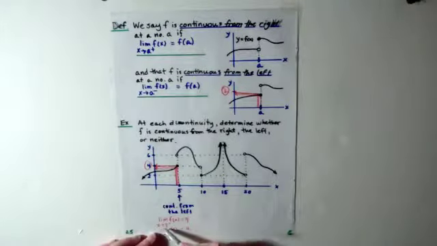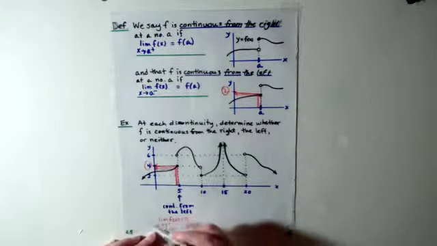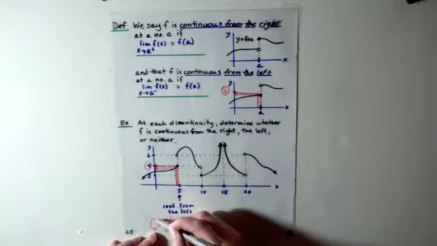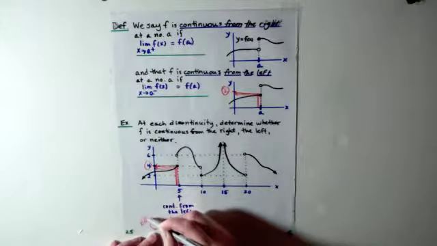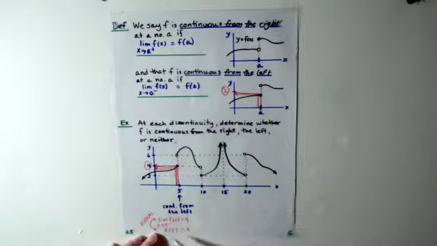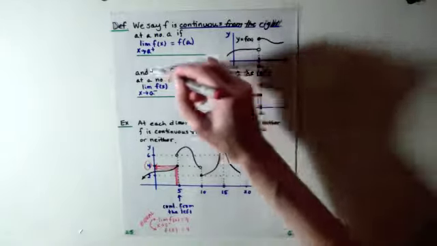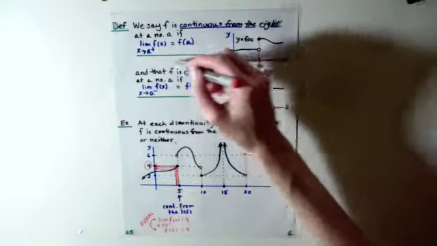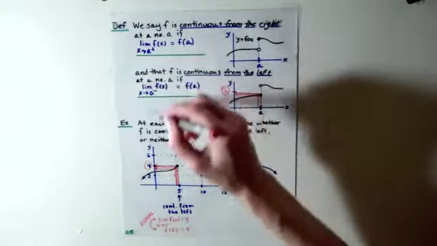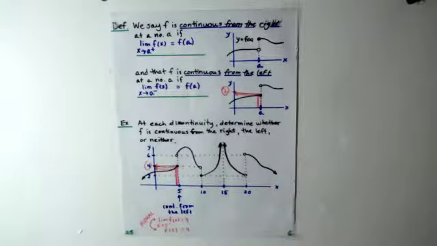So the limit as x approaches 5 from the left of f of x is equal to the value of the function at 5. They're both equal to 4. And so that would be a way of using this definition that we have here in a more technical sense to prove, yes, this function is continuous from the left at 5.